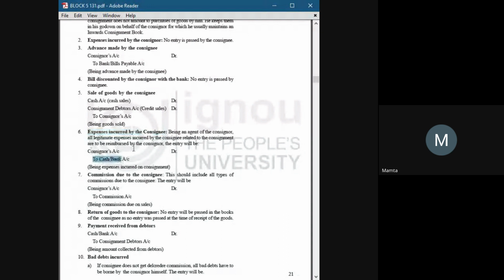the consignee is bearing, he or she will take that money from the consignor only.